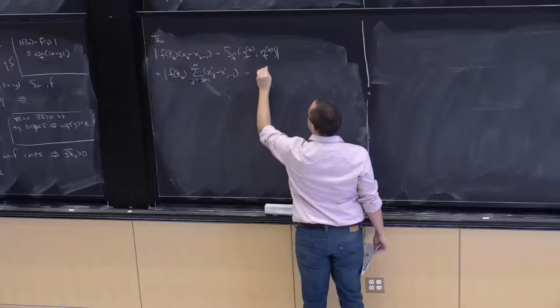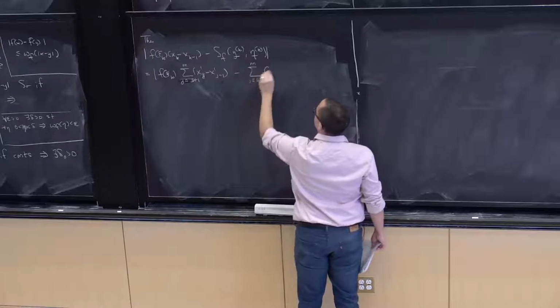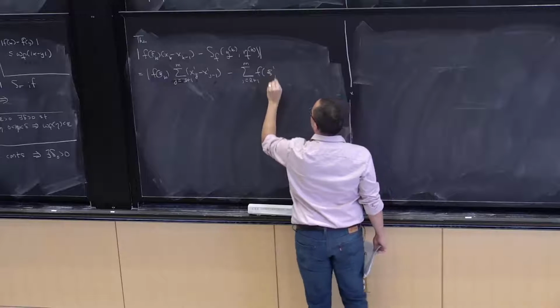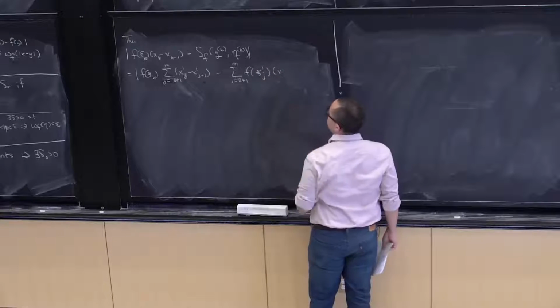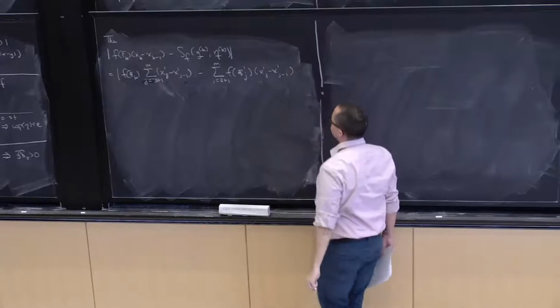Minus, and this is by definition the sum from j equals L plus 1 to m of f of c prime_j times (x prime_j minus x prime_{j-1}). Okay?